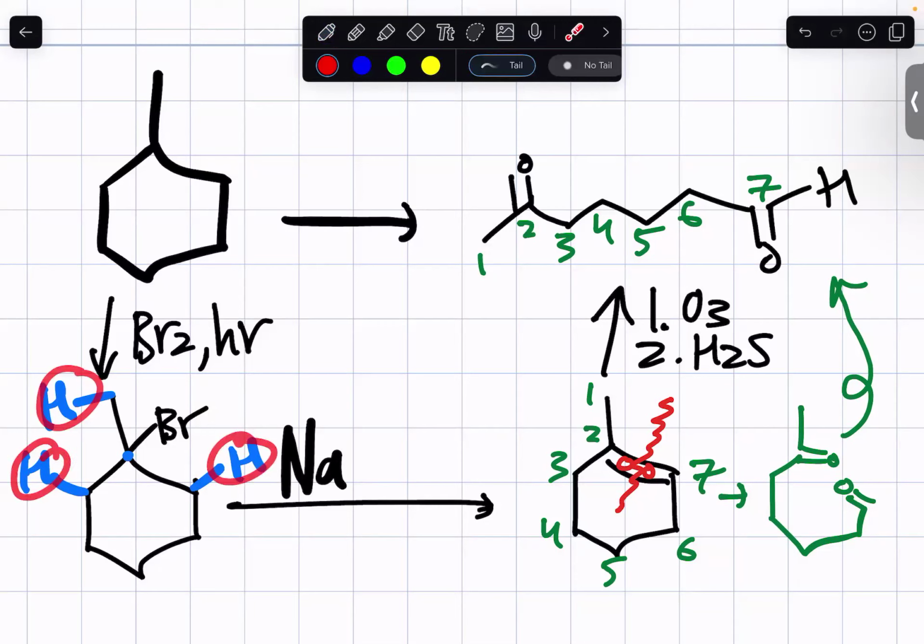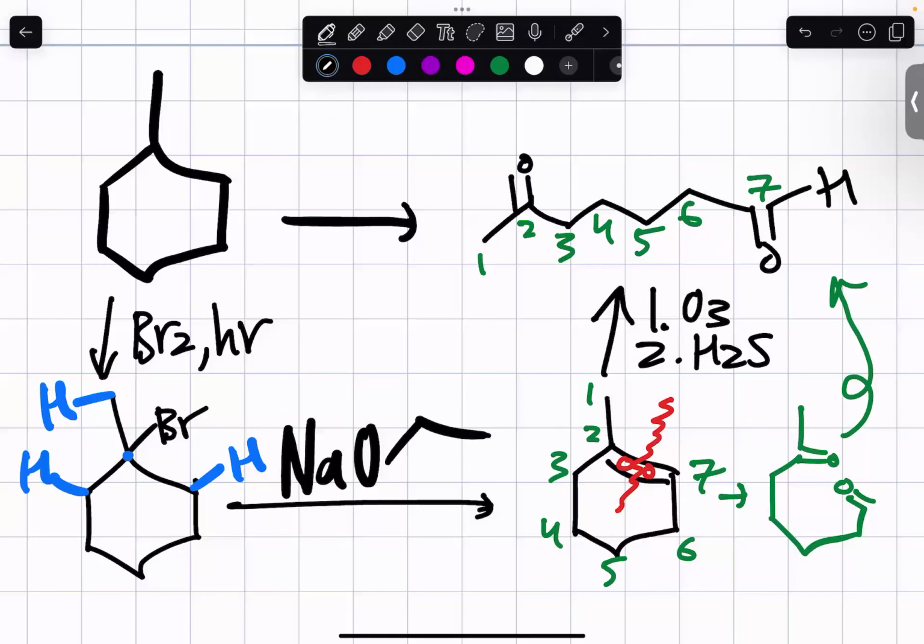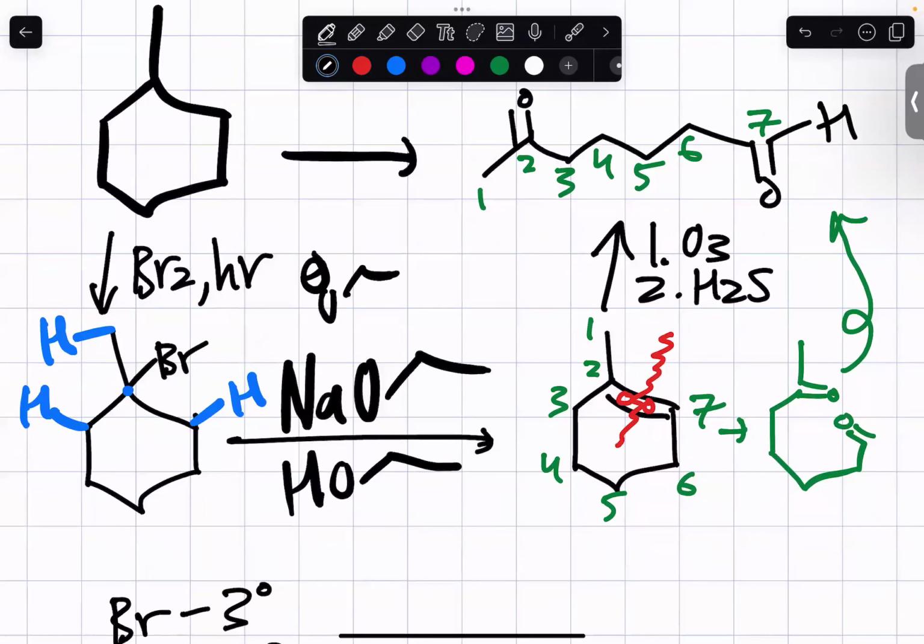Which beta hydrogen? The one on the right, which is more substituted than this one right here. So we want to use an unhindered base, which is going to be small enough to grab that hydrogen, make a double bond there, and kick that leaving group out for an E2 reaction, right?